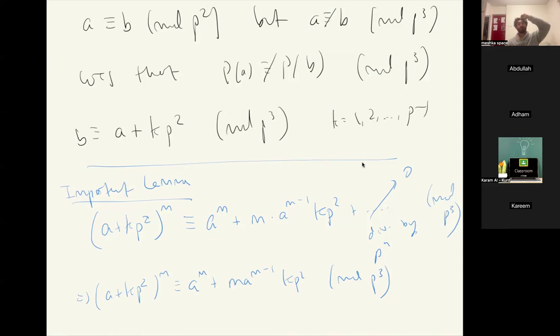Yes. So we can use that, because we want to compare P of A and P of B, and P is just a sum of a bunch of powers.